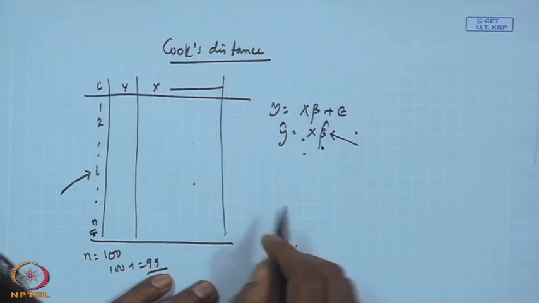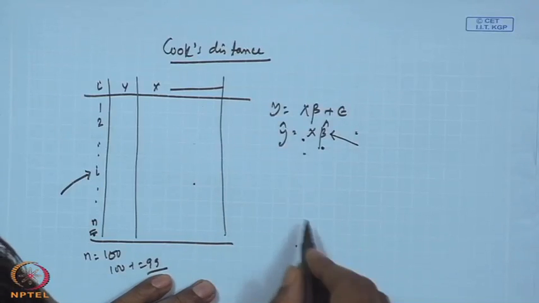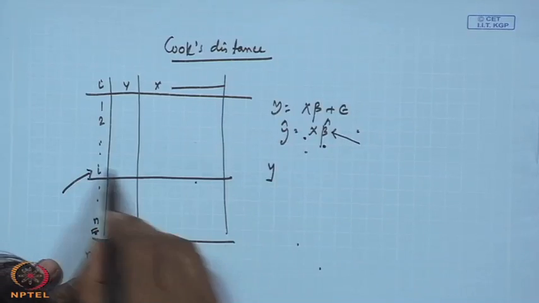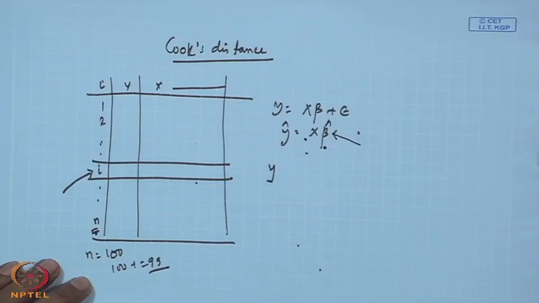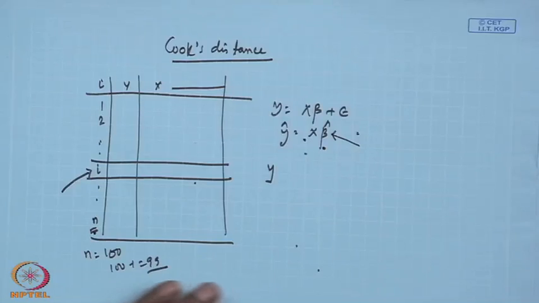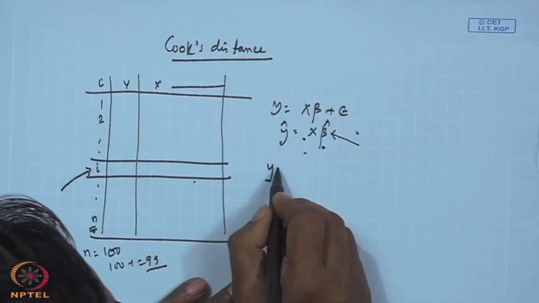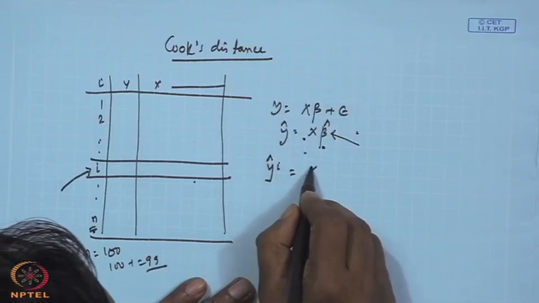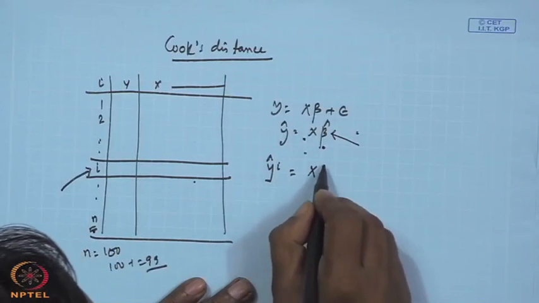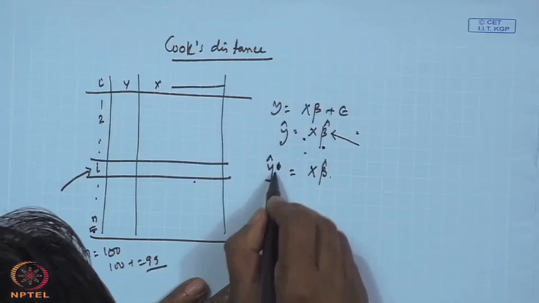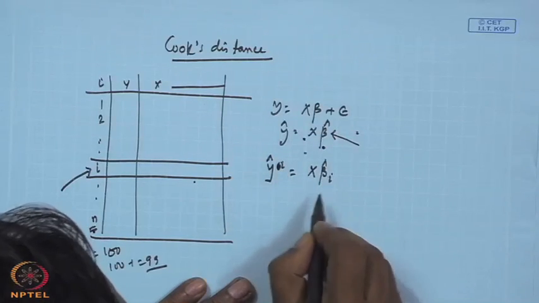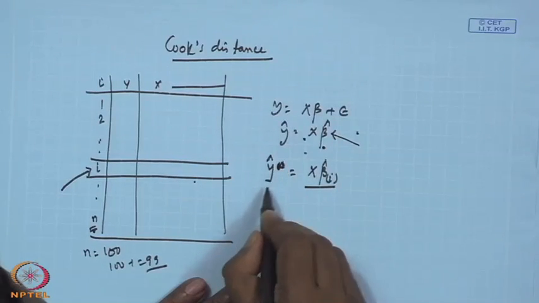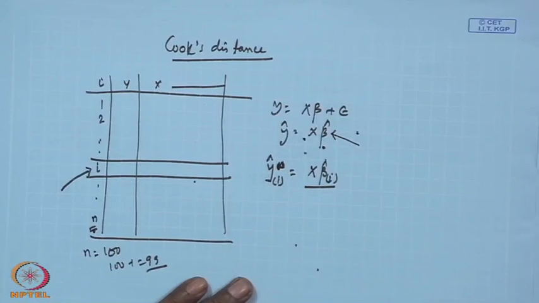So, now what we will do, you go for another regression without the ith observation. Suppose the ith observation is not there, y i cap is x beta, I can write beta i within bracket, let us give like this, that is better, parity will be there.